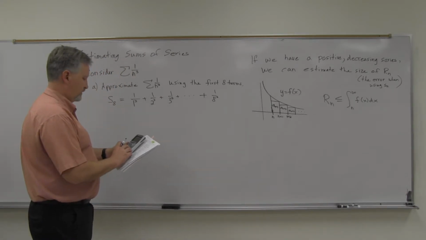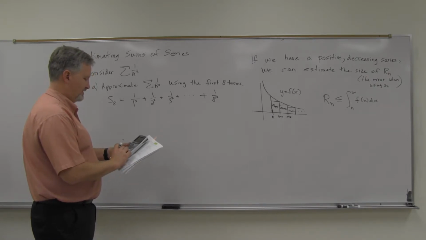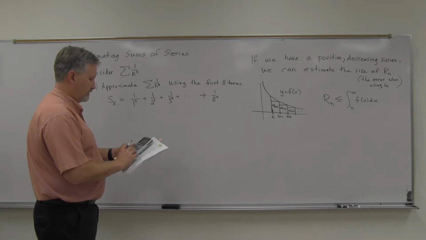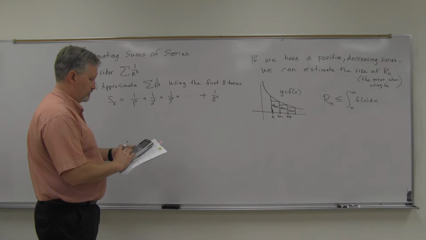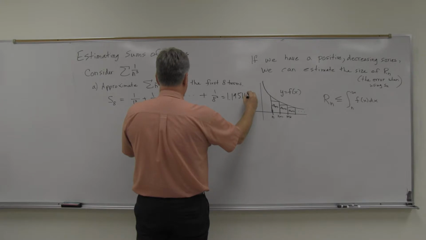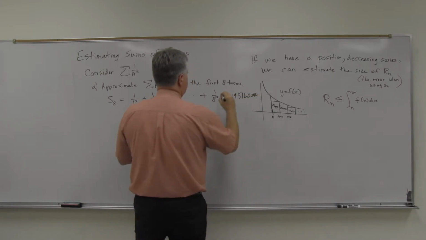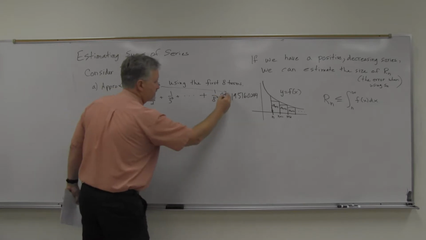So you've got 1 over 1 cubed plus 1 over 2 cubed, which is 8, plus 1 over 3 cubed, plus 1 over 4 cubed, 64, plus 1 over 5 cubed, 125, and so on. The sum is approximately 1.195160244. So that's approximately that sum.